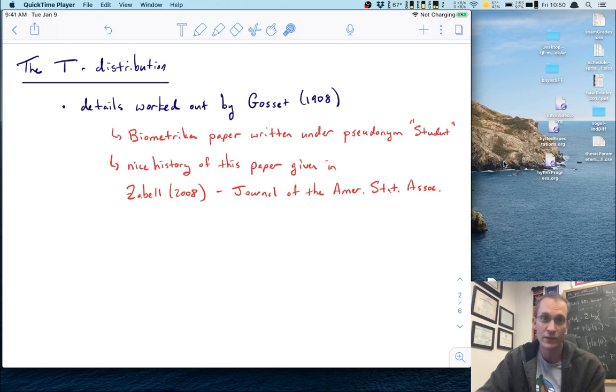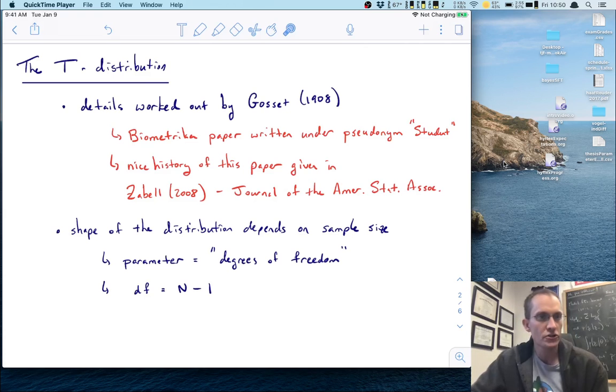Some people think it's because we teach it to students. No, Gossett worked for Guinness Brewery, and so he could not publish under his name, but rather Guinness made him publish under the name Student. There's a nice history of this paper given in Zabell 2008 in the Journal of the American Statistical Association, so you can read all about the history of that.